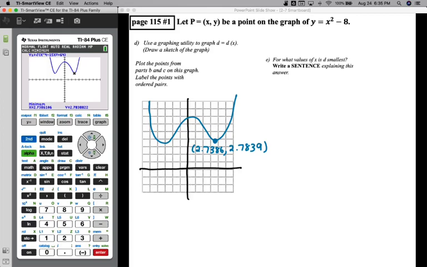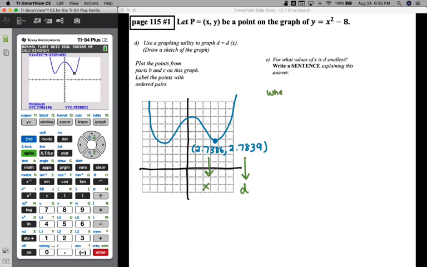But what does this represent? Well, remember our function was in terms of x, so the x value is just x. But the y values represented the distance. So here's how we're going to answer that final question. For what values of x is D the smallest?